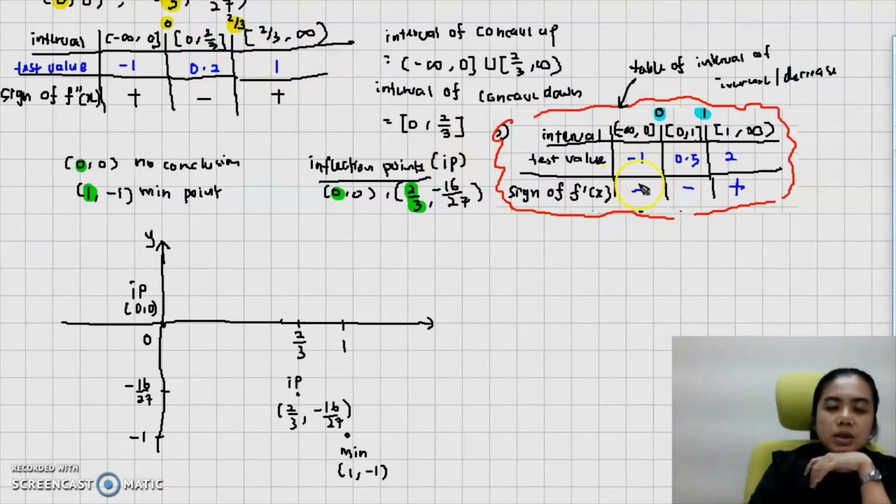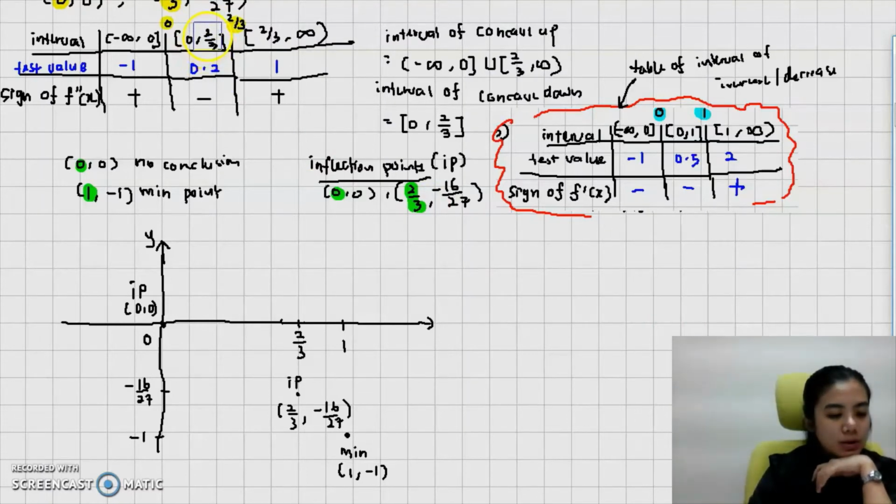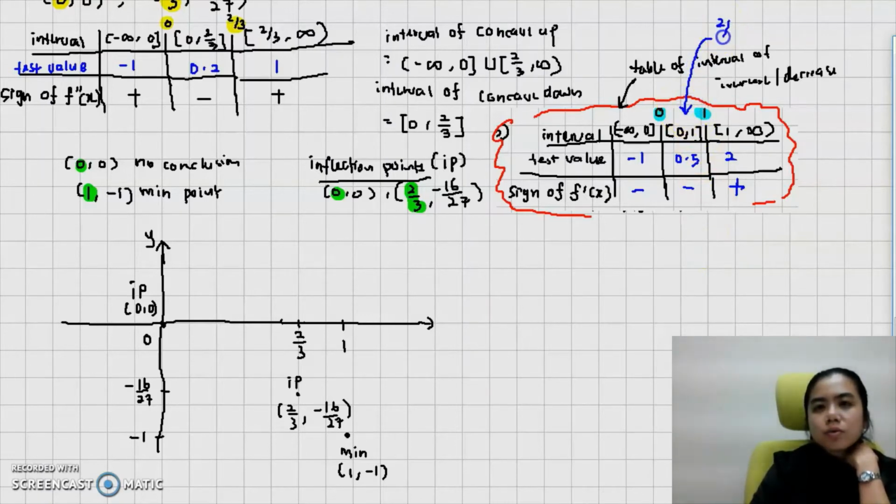Be careful, because we have an overlap of the numbers here. Negative infinity to 0 is this range, and 0 to 1 is here. But in the middle we have 2 over 3, so you have 2 over 3 in the middle that you have to consider in this range.